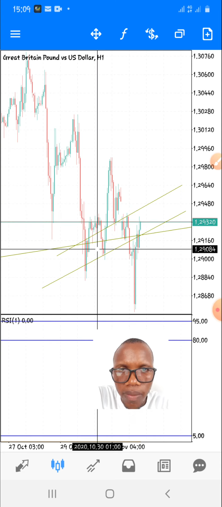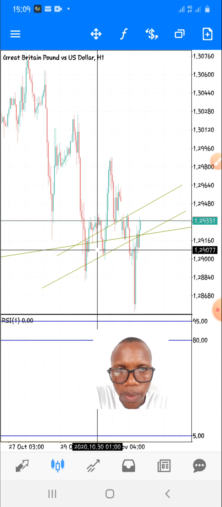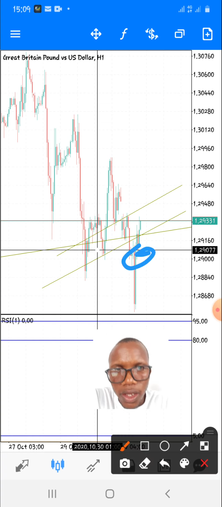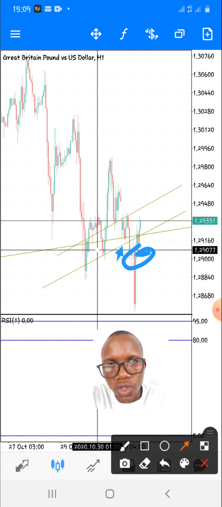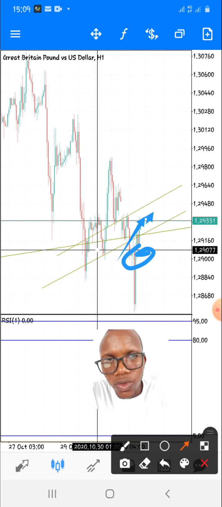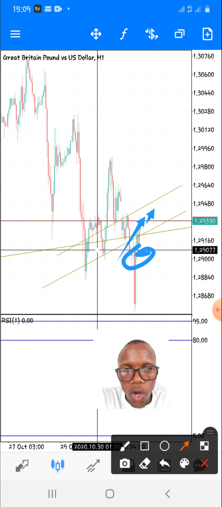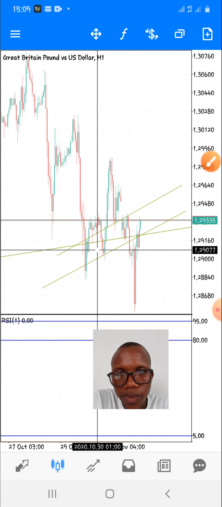That's where we placed our buy stop. So I'm still holding my positions today. I'm expecting the price to test this line up there, so then I can close.